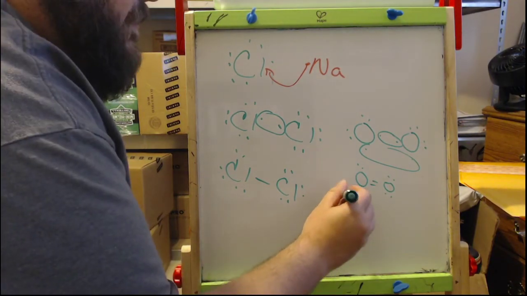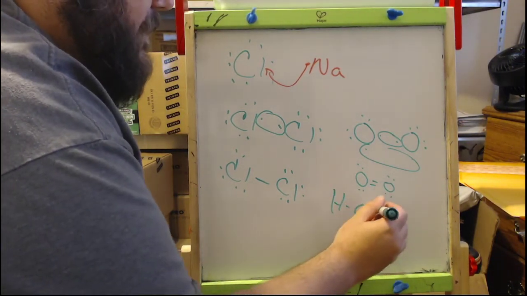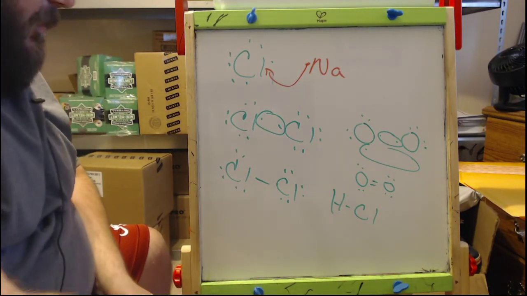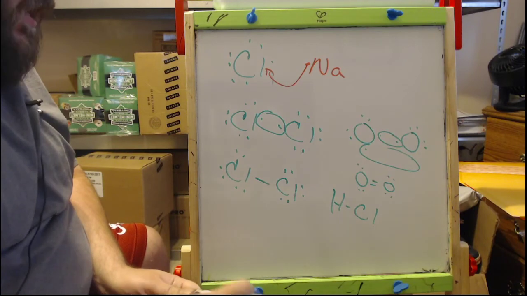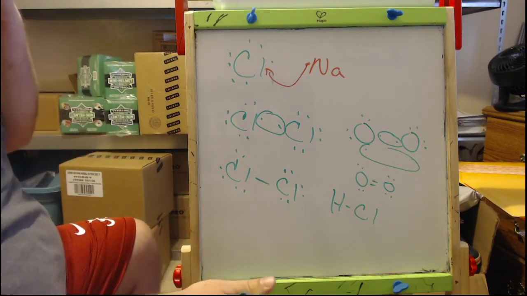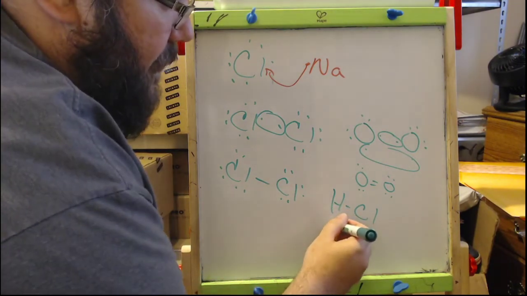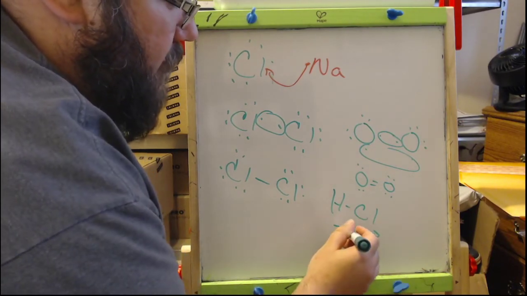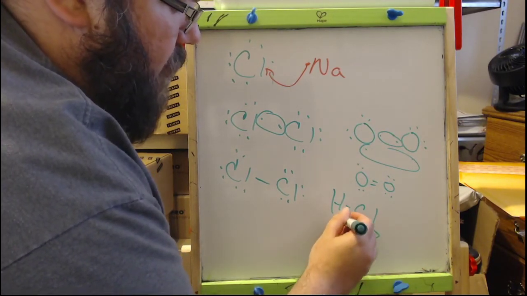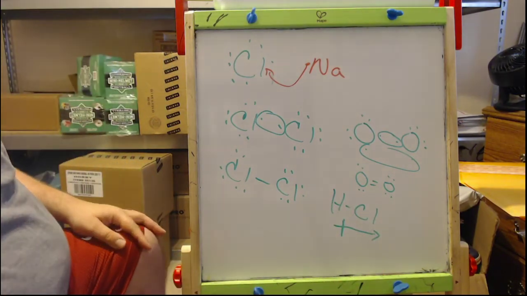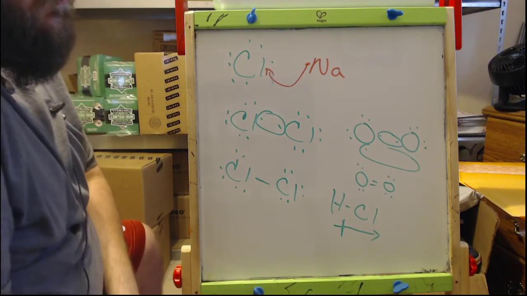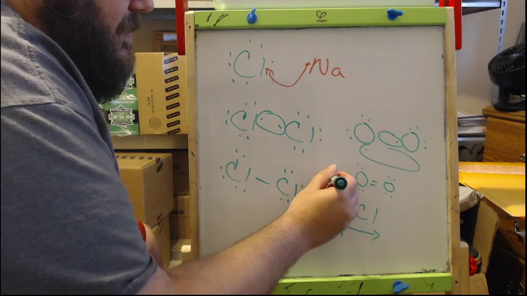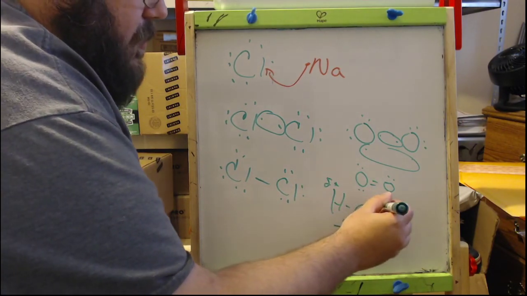Sometimes what happens is during the sharing process, it's not equal sharing. Things on the right-hand side of the periodic table tend to pull electrons closer to them than things on the left-hand side. It's called electronegativity. So chlorine is actually winning the tug of war for the electrons, which makes hydrogen partially positive and chlorine partially negative.